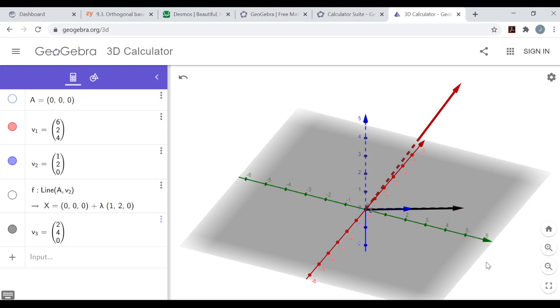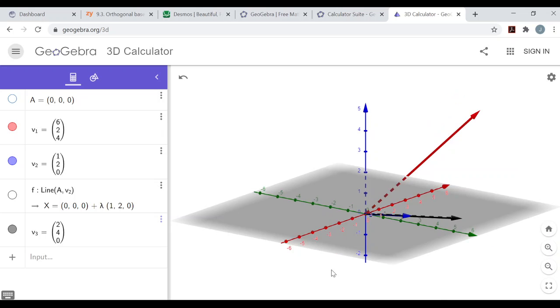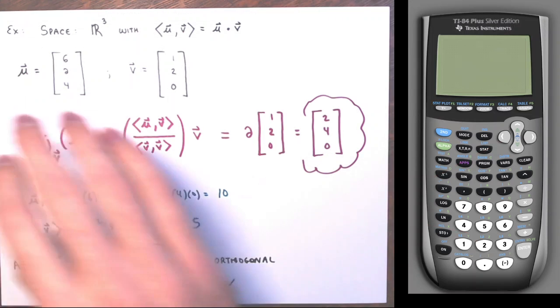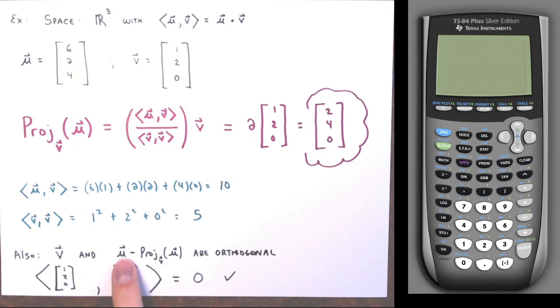All right. Well, maybe that's not as believable, but maybe you can see it in the way I have it set up right there. But let's put in this vector. All right. Let's put in u minus the projection of u onto v. This 4, negative 2, 4. Let's put in this vector and see if 1, 2, 0 and these look orthogonal, right?